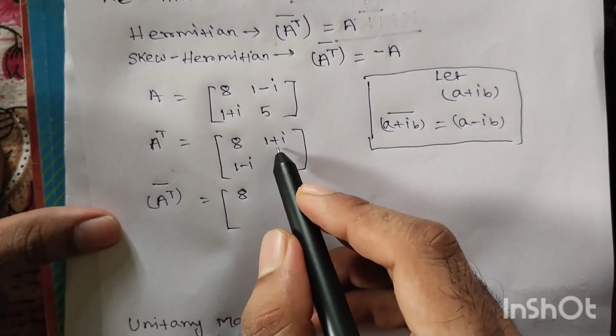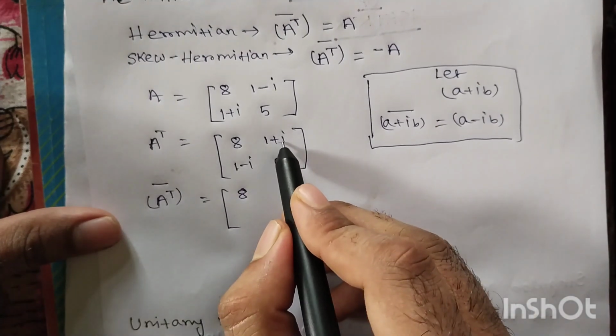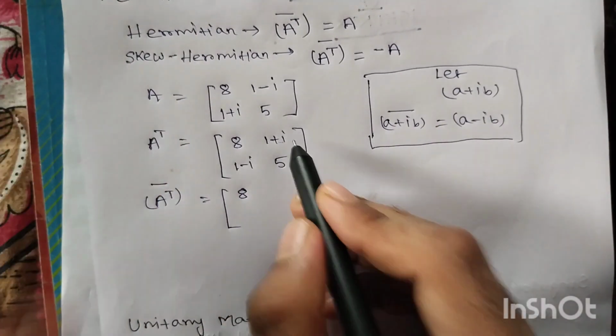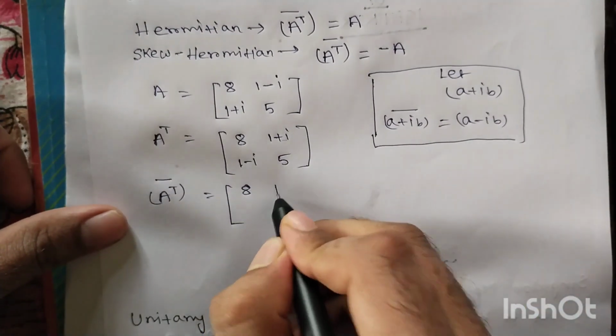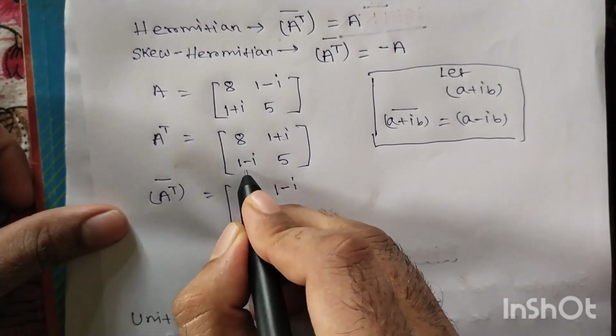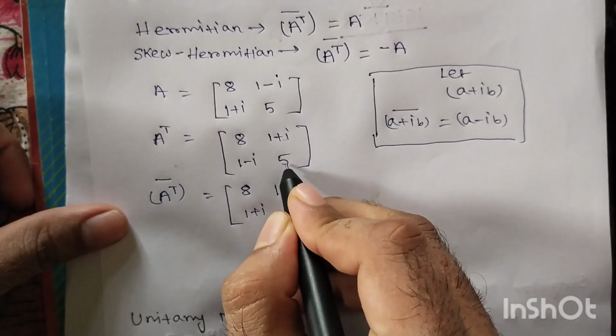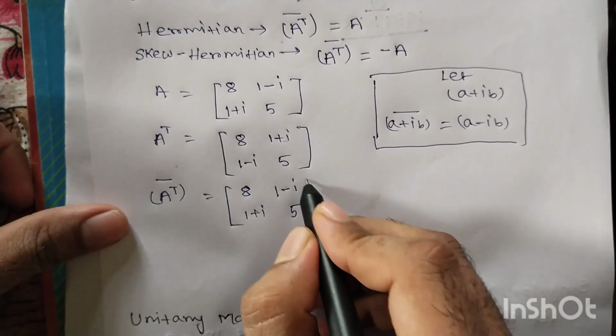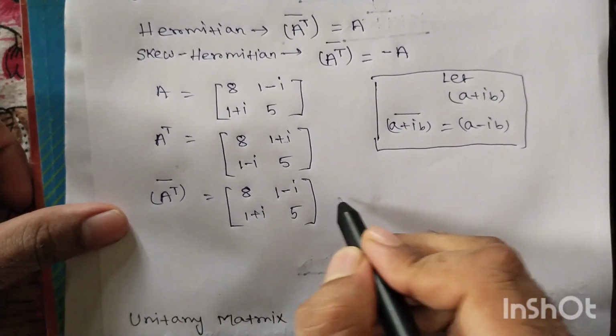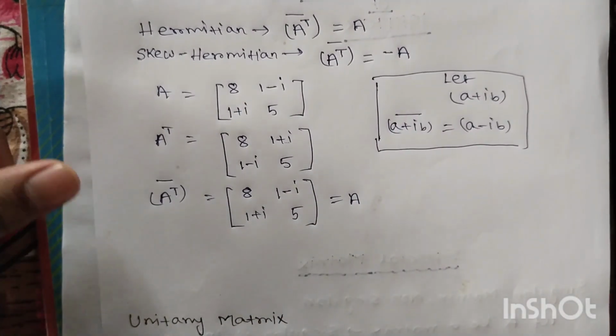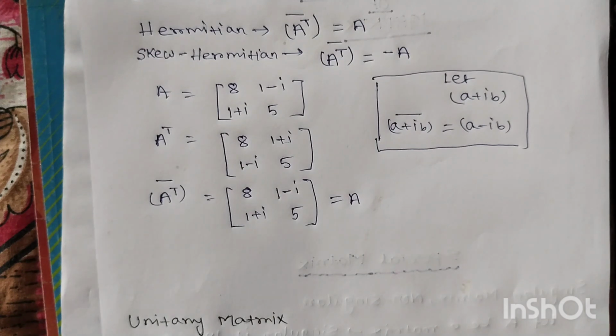For a complex number, the sign will be changed on the iota side, I to minus I. For this case I to minus I, and the real numbers will remain the same. And observe that this is equal to A. This is the example of a Hermitian matrix.